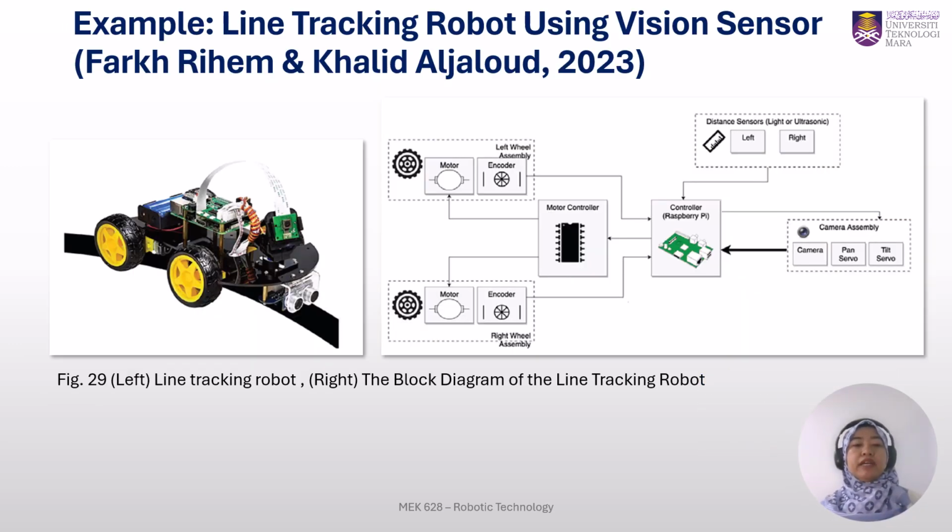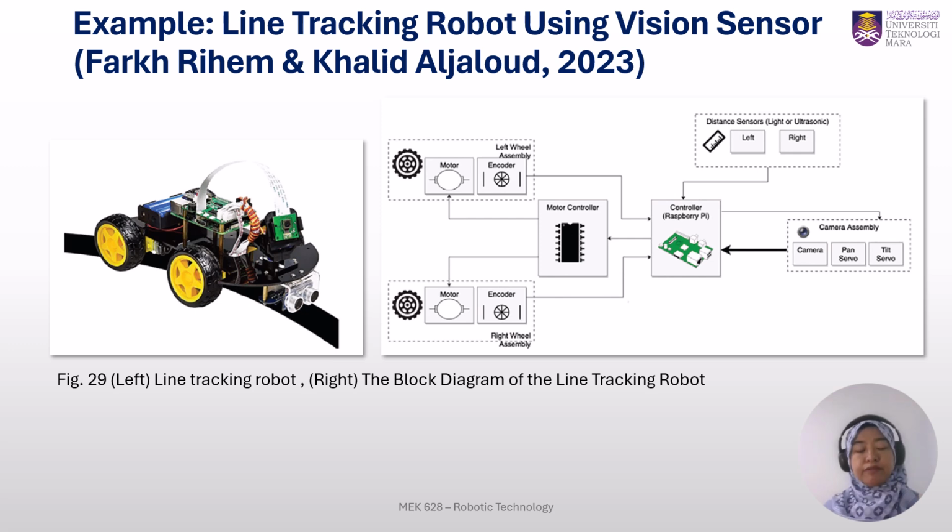Now let us look into a real application, which is the line following robot, where it has to track the line, because you are going to use this application in your mini project later. A line following robot uses a vision sensor and OpenCV to find and follow a black line.